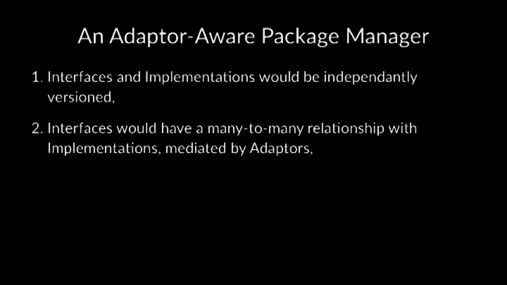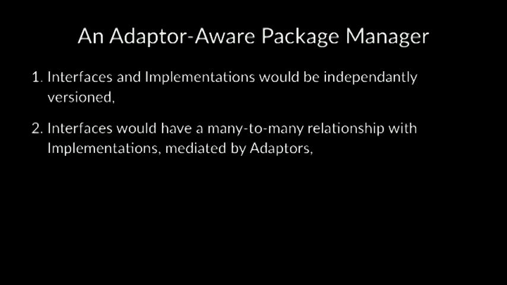Whereas, if they were independent, you might have version 3.1 of the interface and version 57 of the implementation, and you might say, there's a many-to-many relationship between these two things, because version 57 of the implementation has adapters for version 2 of the interface, but not version 1.